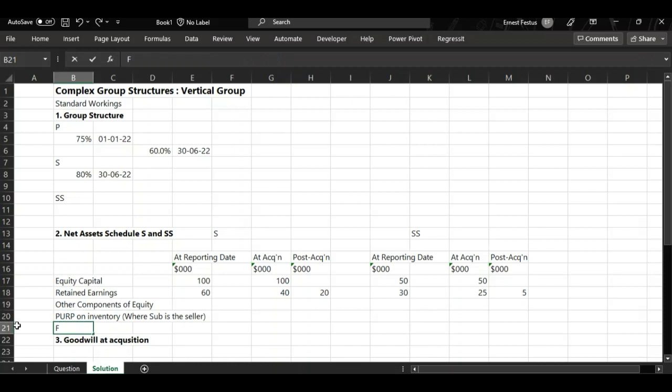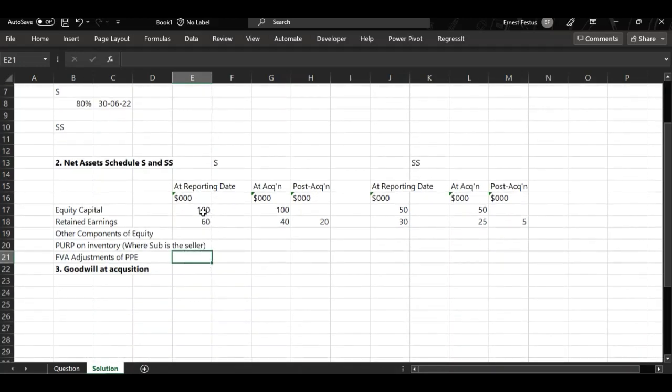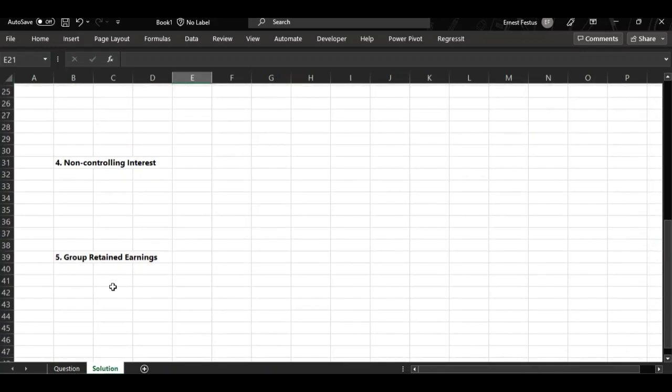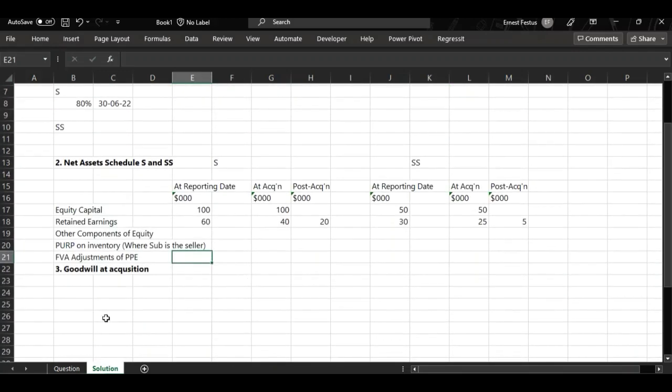We might have fair value adjustments of PPE, among others. So these are other items that you might see that we treat under the net assets schedule. So in a question where you have these items, always treat them under the net asset schedule. Now, the benefit of always generating your net asset schedule is that it helps you in your goodwill calculation, your NCI calculations, as well as your group retained earnings. Let's see how that goes.